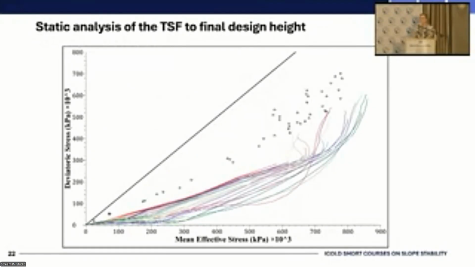As I mentioned, the instability locus isn't a set line, and as we can see over here, we've got the black stars, which are the instability locuses of each of these individual stress paths, and so we come up with a region of instability.